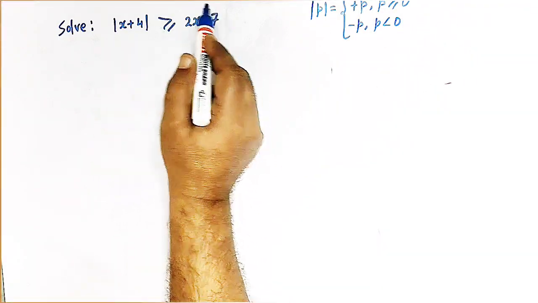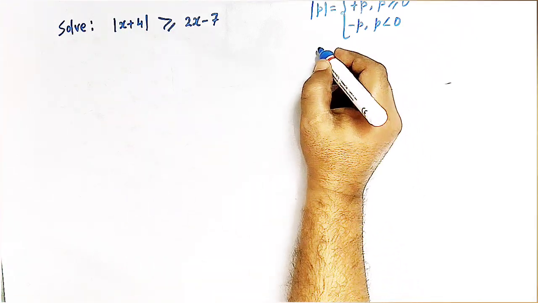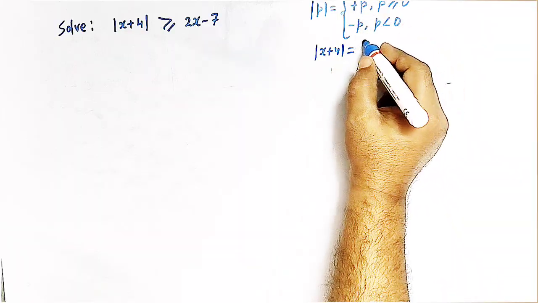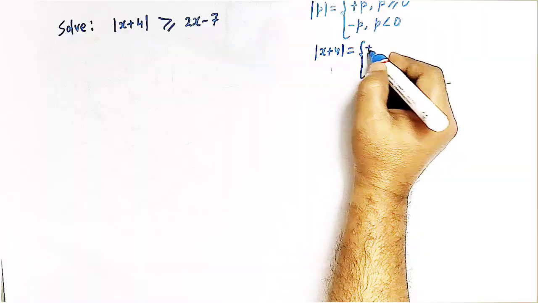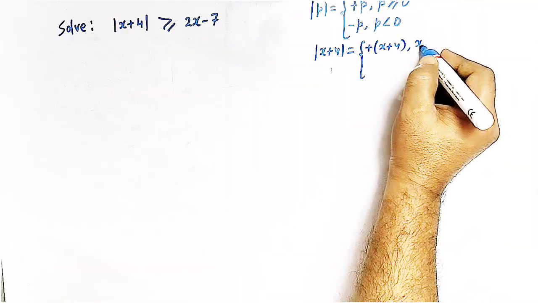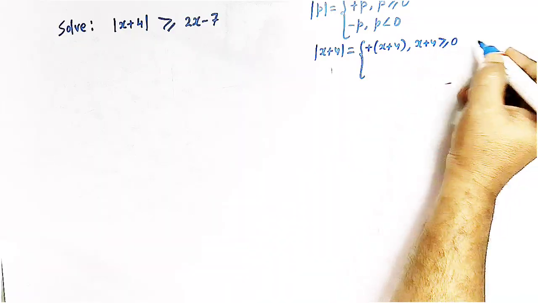So here first of all we'll define mod of x plus 4. So mod of x plus 4 can be defined using this definition. So we can write mod of x plus 4 is equal to positive x plus 4 whenever x plus 4 is greater than or equal to 0.